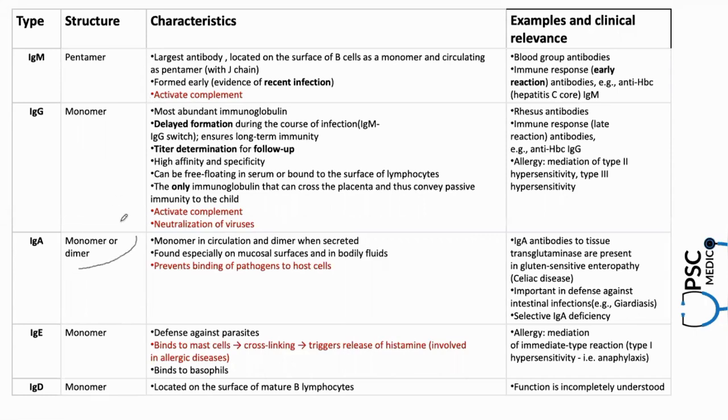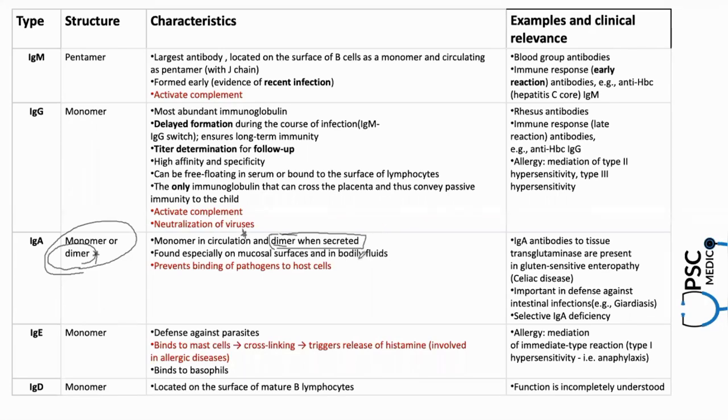Let's go back to IgA. IgA sometimes exists in dimeric form. There was an MCQ question: the immunoglobulin with a dimeric structure is IgA. It is monomeric in circulation, but whenever it is secreted, as I already told you, the mucosal surfaces are embedded with this immunoglobulin.